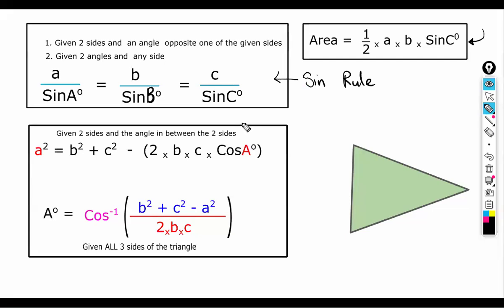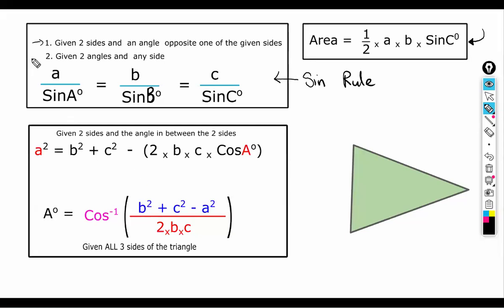There are certain conditions you are allowed to use that formula. You can't just use it whenever you feel like it, right? You can use it if they give you the length of two sides and an angle opposite to one of the given sides. I know that's hard to visualize, but we'll see that in action just now.